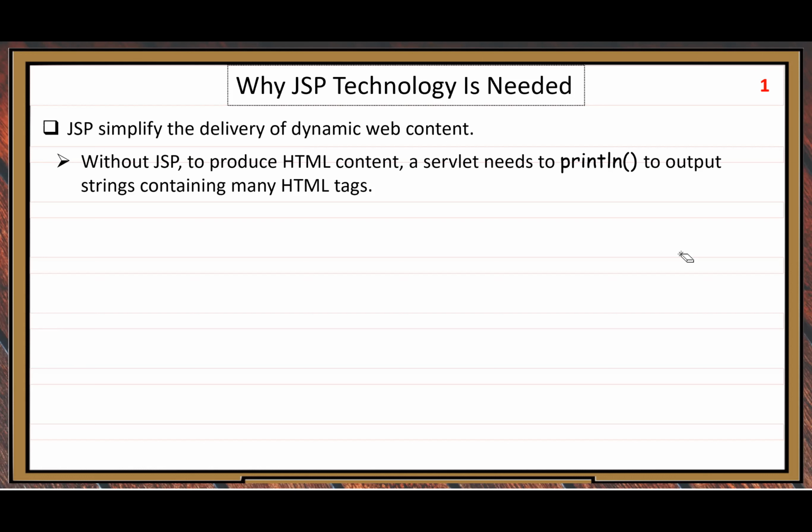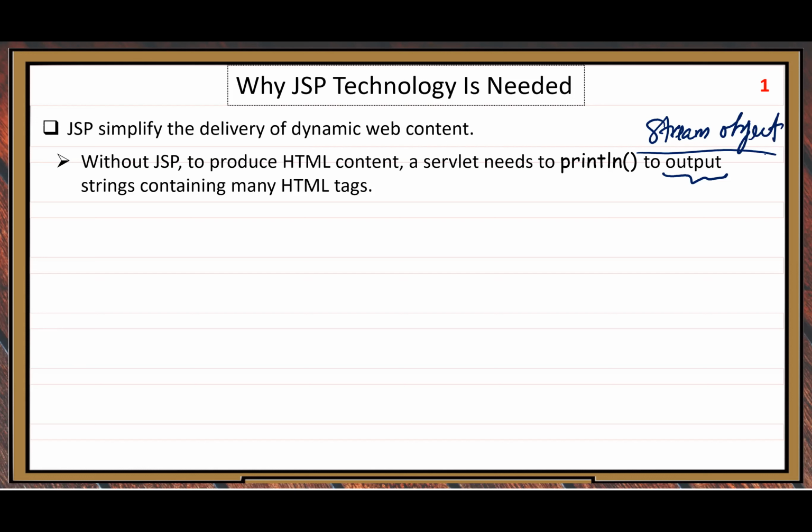Here, I didn't show you that example, but later we will see an example. How do we generate HTML content from a Servlet? First, we need an output stream object.